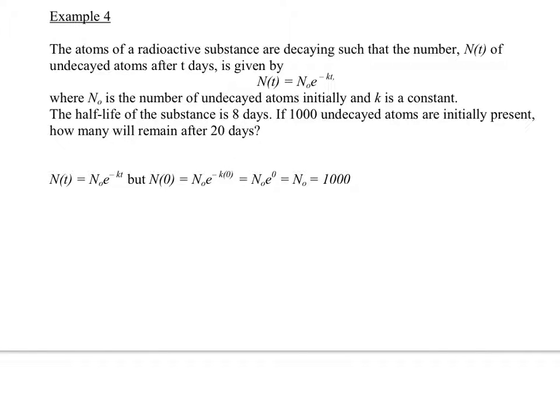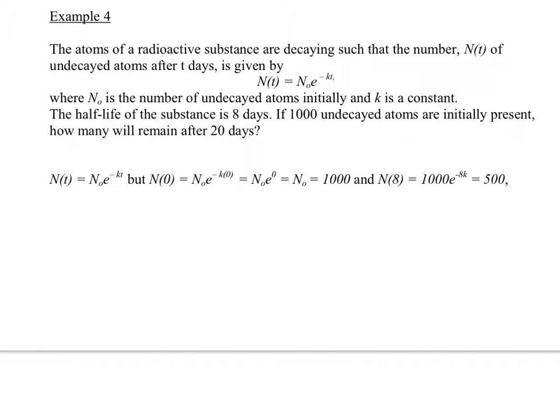And then you can put that back into the equation. If it tells you that the half-life of the substance is 8 days, what you can write is that n of 8, that's 1,000 times e to the power of negative 8k, is going to be equal to 500.